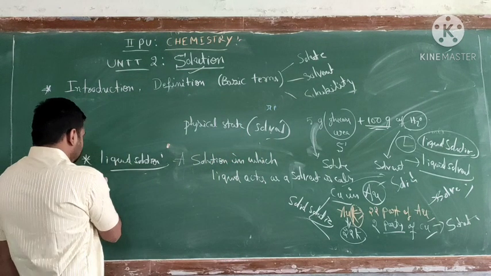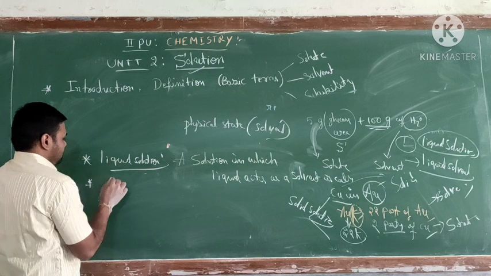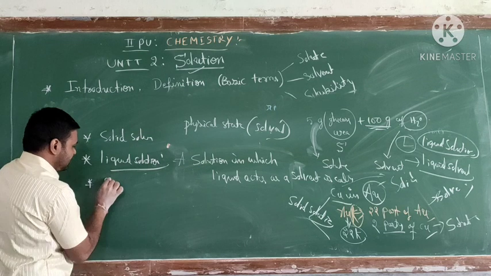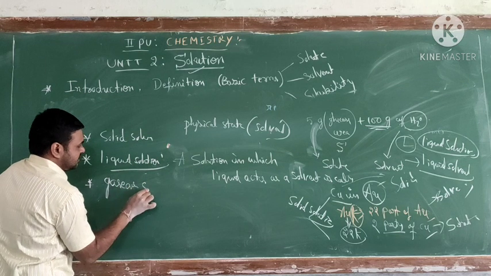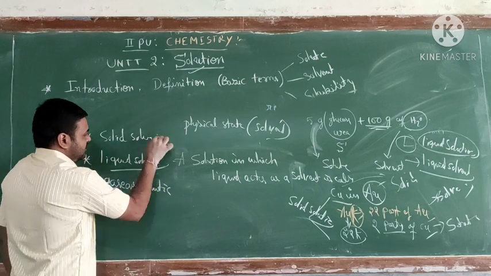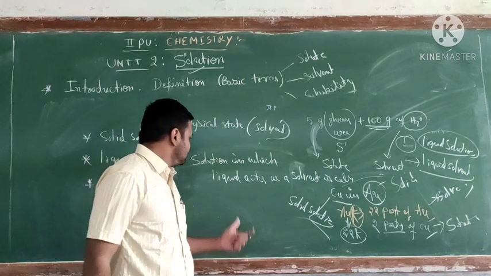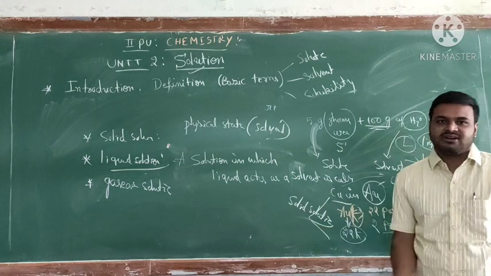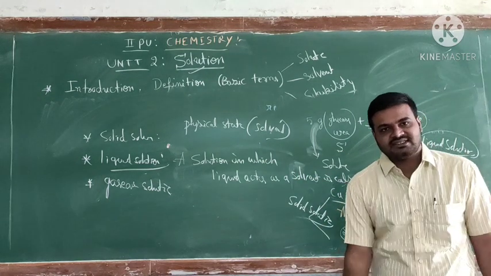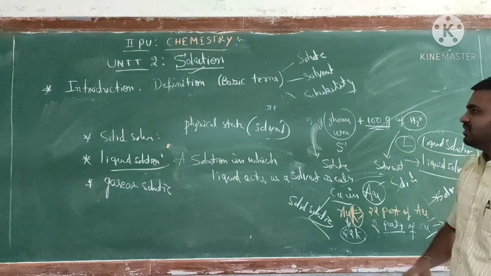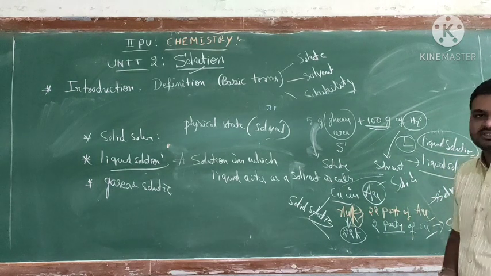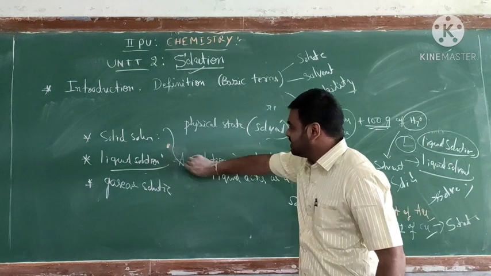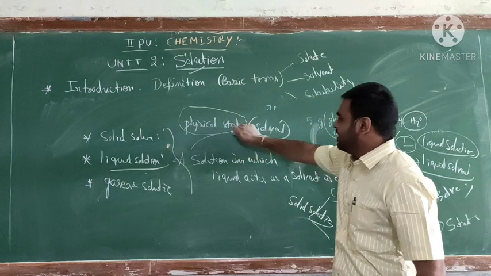So next one is solid solution and gaseous solution. A solid solution is one in which a solid acts as the solvent. In a gaseous solution, a gas acts as the solvent. Clear? This is about solid solutions, liquid solutions and gaseous solutions to determine the physical state.